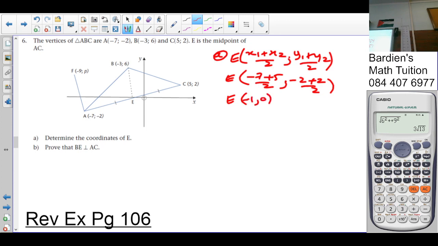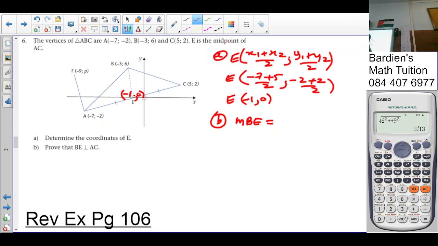What do you also call this line BE? Another word for this line BE. I told you the other day. The median. The altitude's the other one.